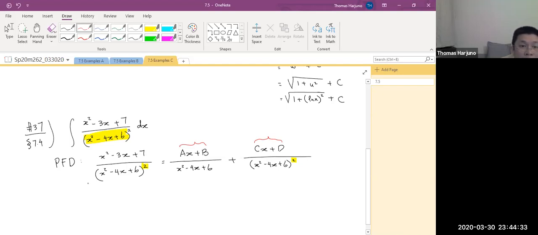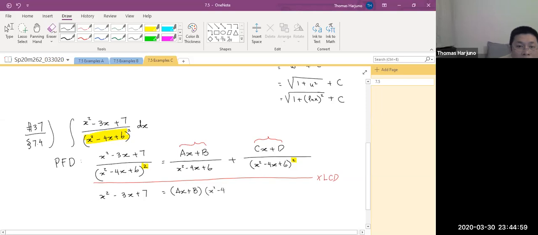Multiply by the LCD. Then I will get, on the left-hand side, x squared minus 3x plus 7 equals (ax plus b) times (x squared minus 4x plus 6) plus cx plus d.